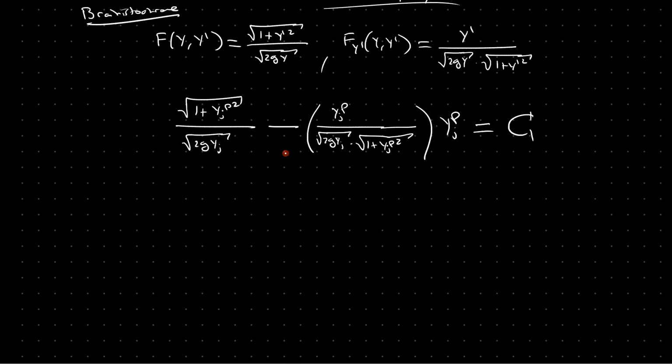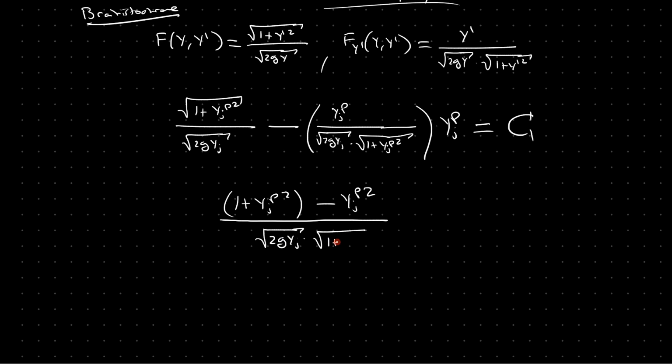We can simplify this a little bit by bringing these two terms to a common denominator, and when we do that, this first term is going to be 1 plus yjp squared, minus the numerator in this term, which will be yjp times yjp, which is yjp squared. And when we bring it to a common denominator, we have the square root of 2gyj times the square root of 1 plus yjp squared.